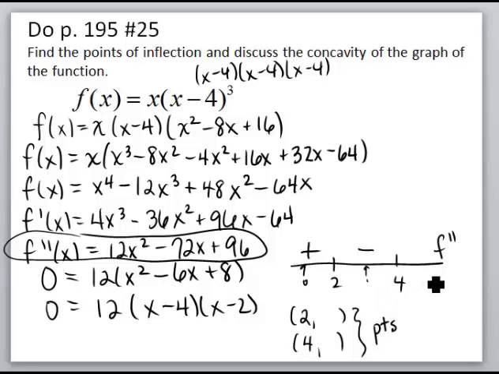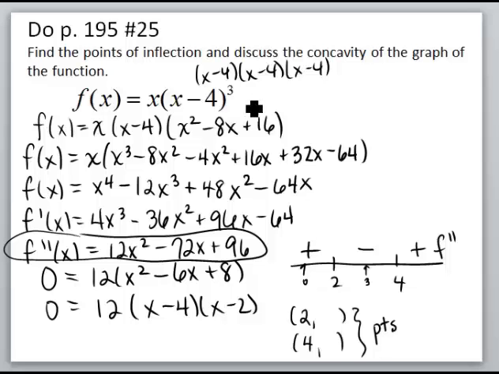And then on this next part here, I'd have 5. 25 minus 30 is negative 5 plus 8 is a positive value. And I said I was trying 1 here. I meant I was trying 3. And 3 does give you a negative value. So I end up having concavity changing over here at 2.